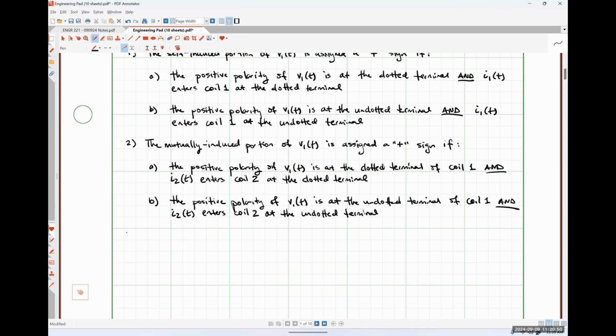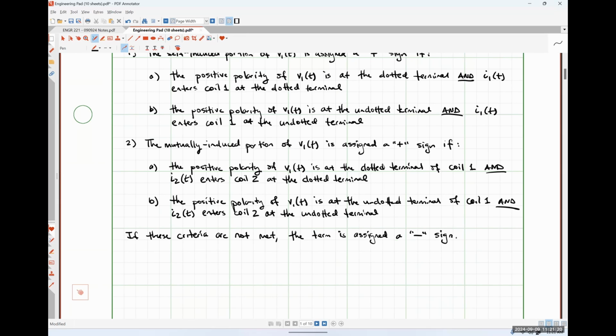And then I'll just put a note here. If these criteria are not met, the term is assigned a minus sign.